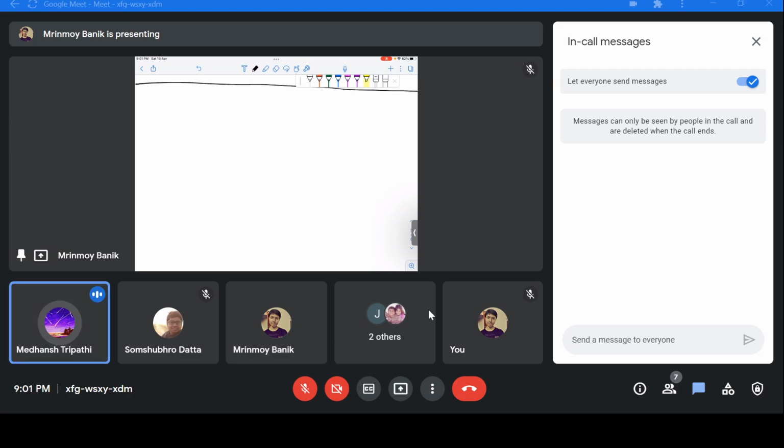Is there any cutoff for the subjective paper also? I don't think so. They just use the objective paper to decide whether or not to check your subjective one. Yeah, but you're saying they don't disclose the cutoff, but they do, right? They say the UGA cutoff is this, and then the overall weighted cutoff is this.